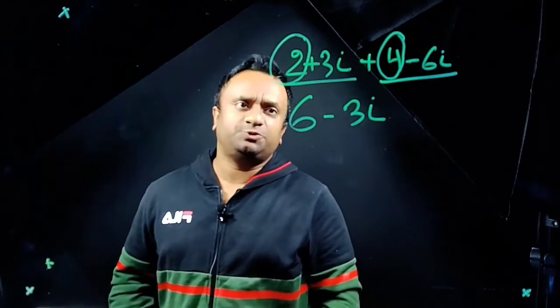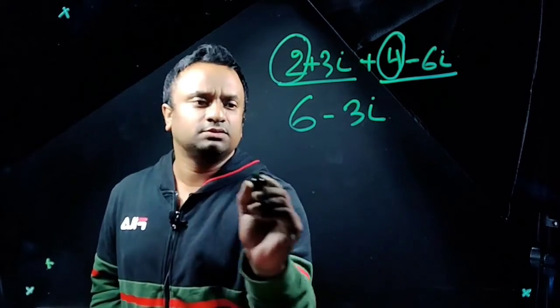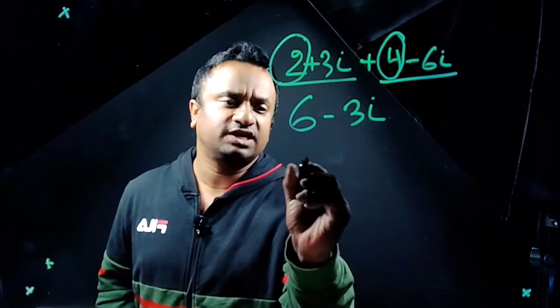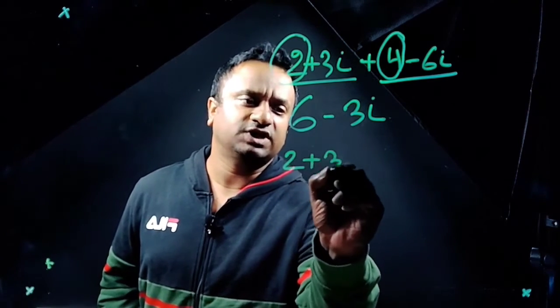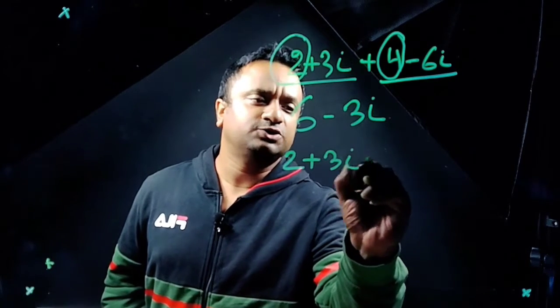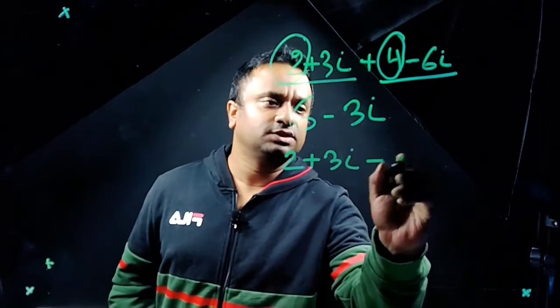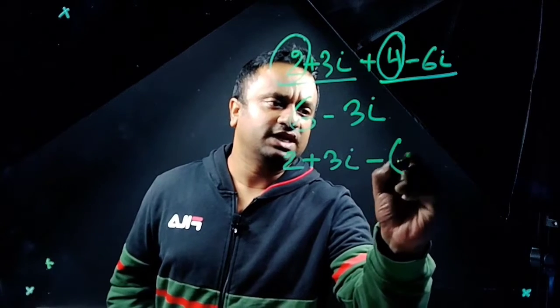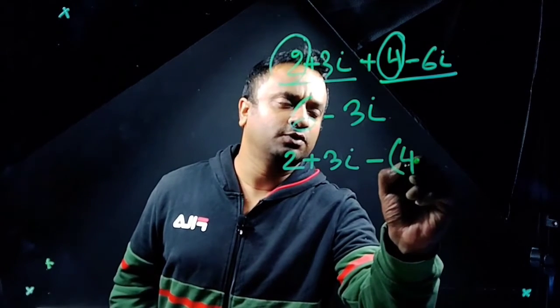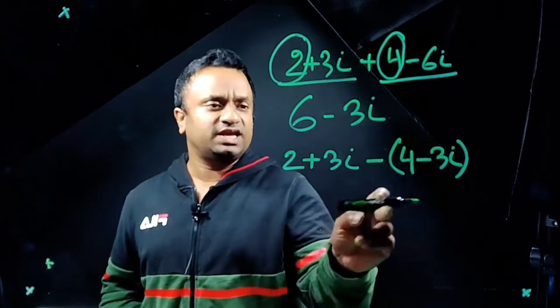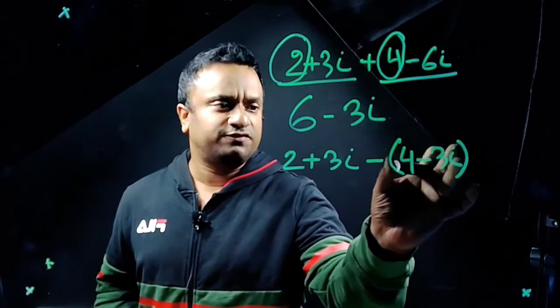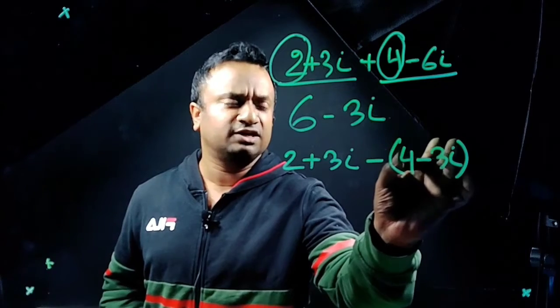Now, how do you subtract two complex numbers? Let's take an example. We have a complex number 2 plus 3i and we are going to subtract from it another complex number, that is 4 minus 3i. Okay, so here you see I have used brackets to enclose the second complex number.